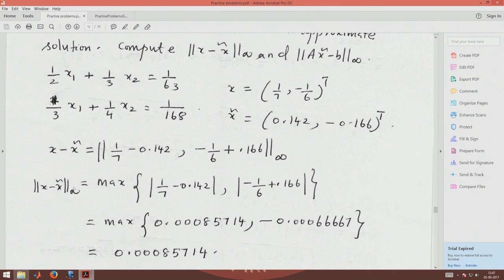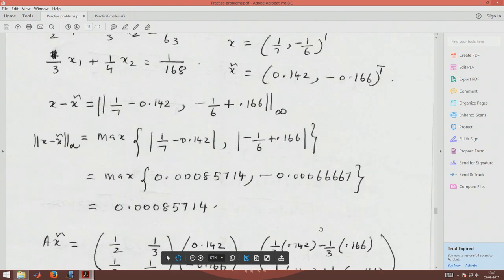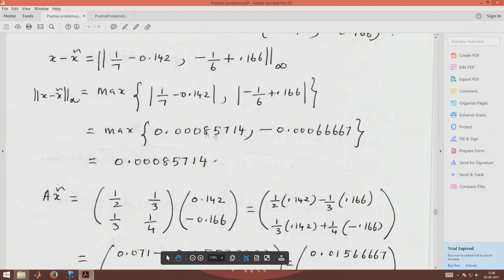So, it is the maximum of the absolute value of the first entry and the absolute value of the second entry. So, compute this. So, you get this to be maximum of this and this, which turns out to be the value 0.0085714.